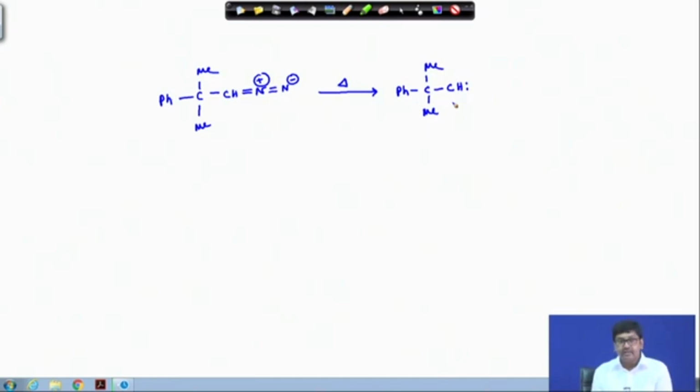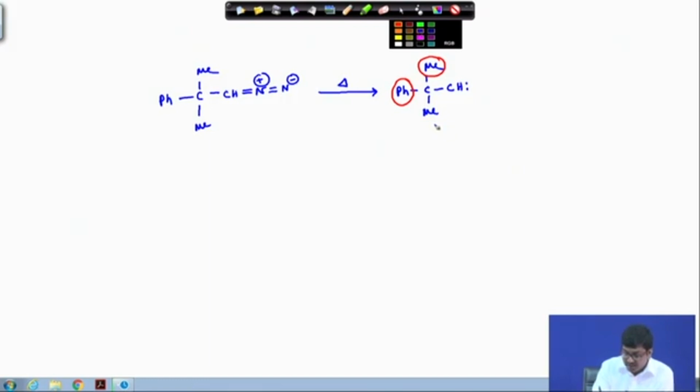First, cyclopropanation can happen as there is no beta hydrogen. Or there are two groups, like methyl or phenyl, which can migrate to give the rearranged product. Let us see what will happen.